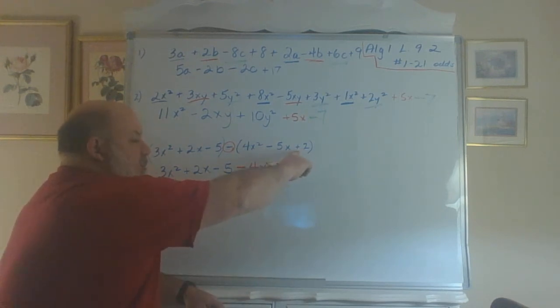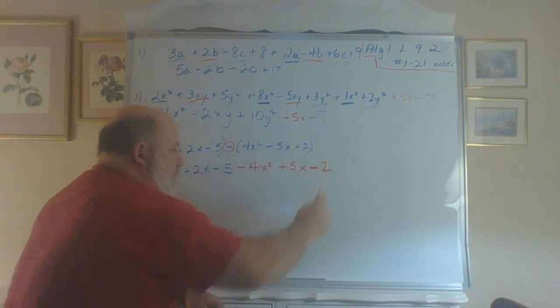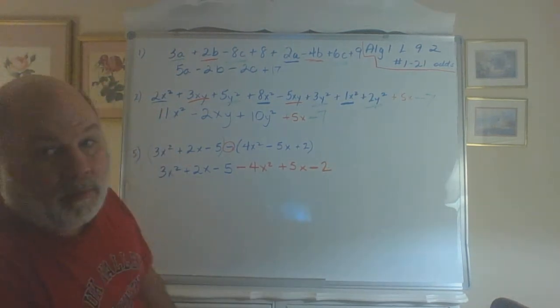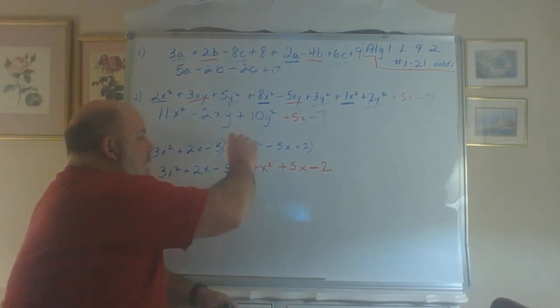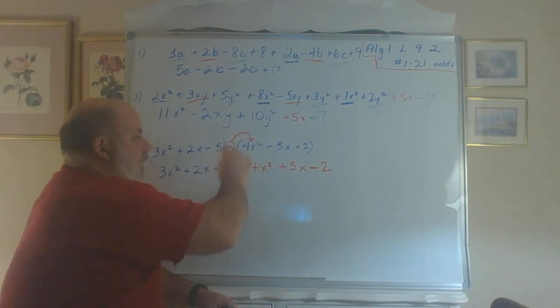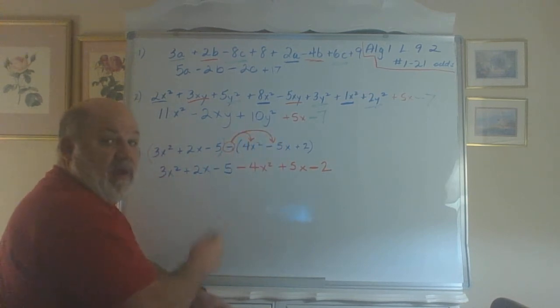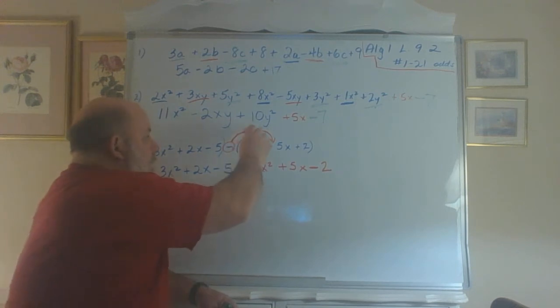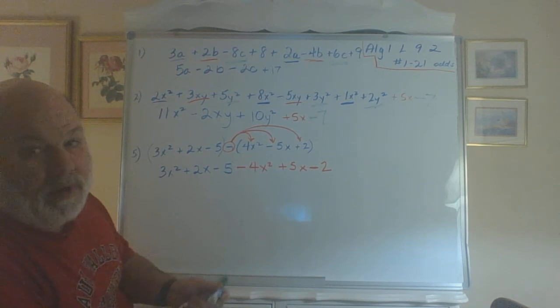That 2 is positive. This negative will change its sign to negative. This is the distributive property, which you've seen before. You should be familiar with it. I'll just go through it again. Negative of that. Minus negative 5x. Minus a negative is a positive. Minus positive 2. Minus positive is a minus.